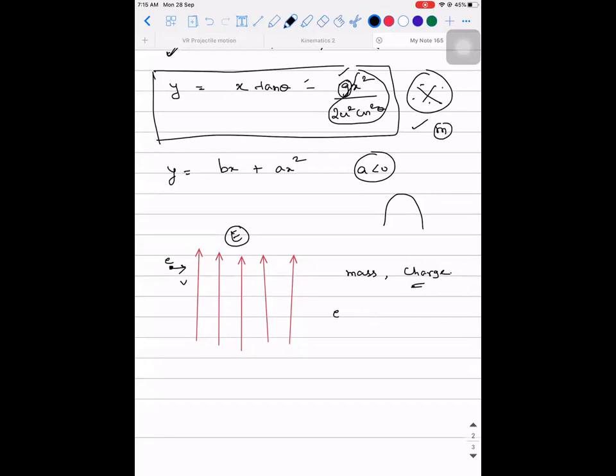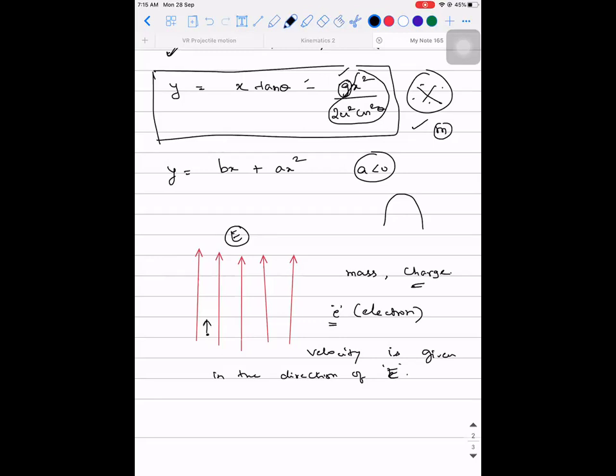There is an electron. Remember this, electron. If velocity is given in the direction of the electric field, what would have happened? I have an electron.